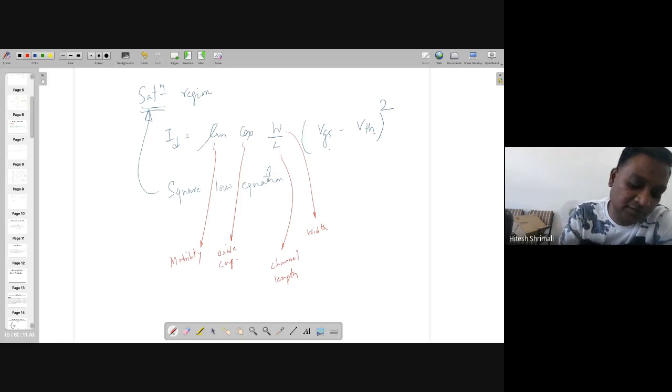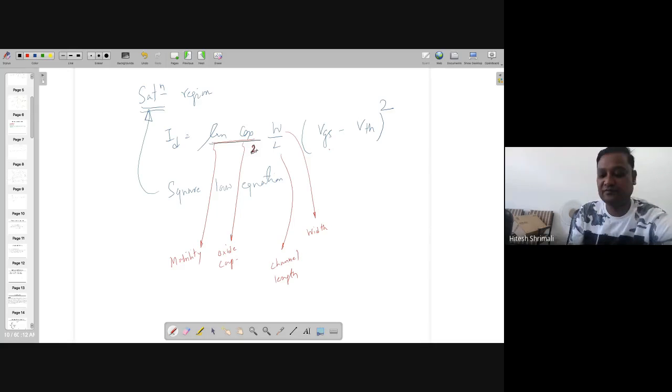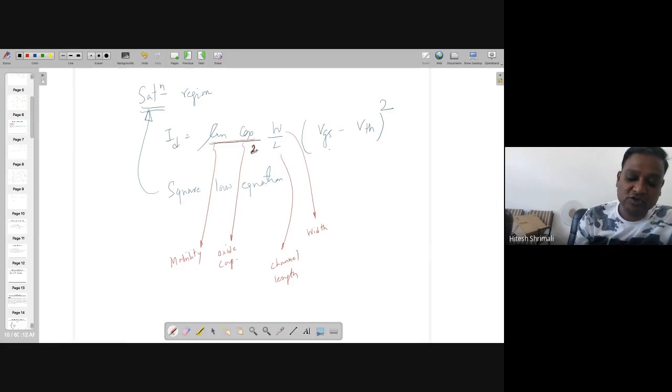And in the same way, if you want to change it to PMOS, you just need to make it VSG with the mod, and this will become mu P. By the way, I forgot to write divide by 2. In the case of saturation, it's divide by 2. So these are the equations.